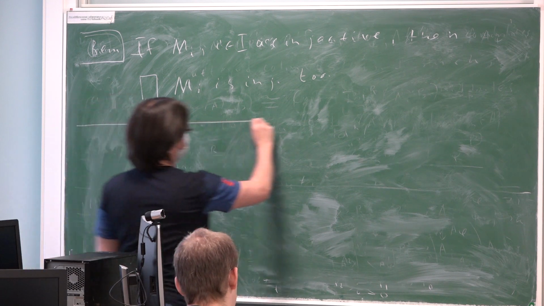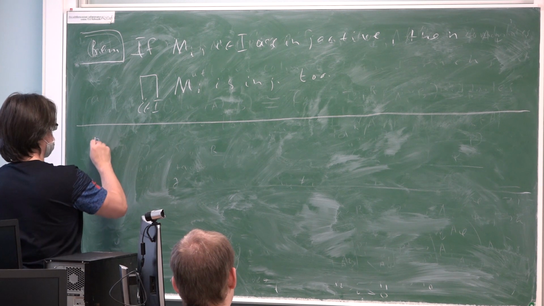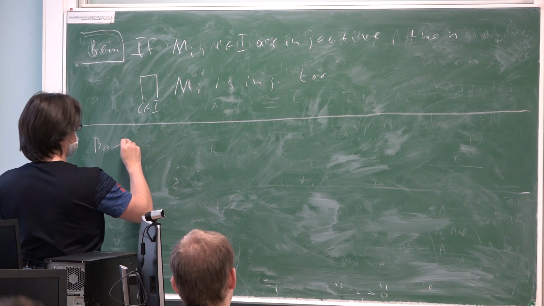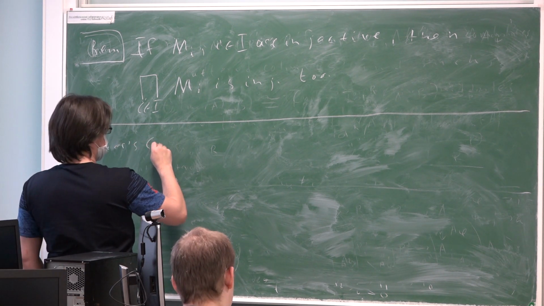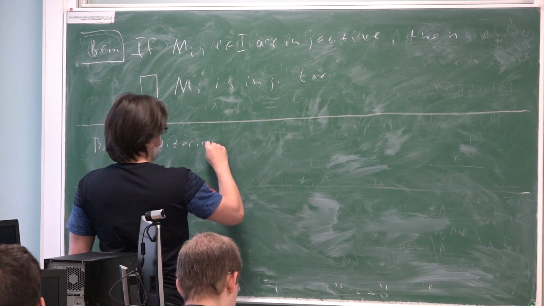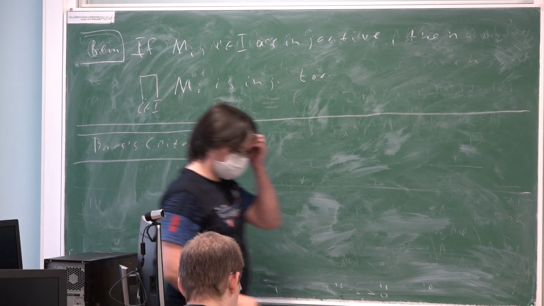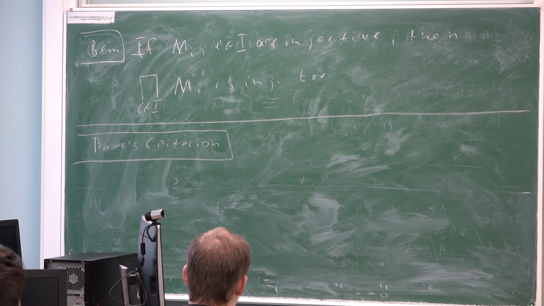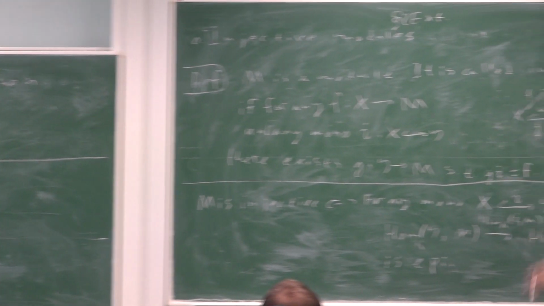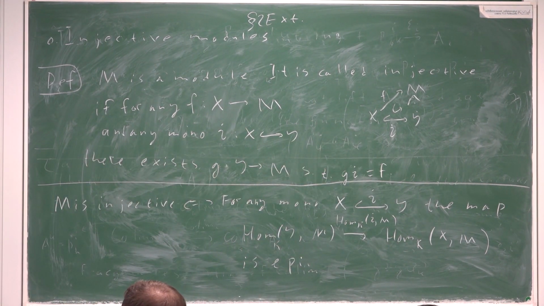The first thing that we will prove is the Baer's criterion. That states that to understand if the module is injective or not, we don't need to check all monomorphisms. We only need to check some monomorphisms of some concrete form.